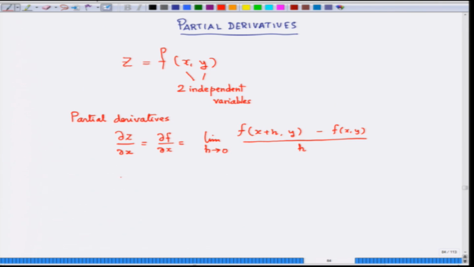Similarly, you can talk about a partial derivative with respect to y, and of course, you can have a function of more variables and you can go on, but we are just going to concentrate on the simplest ideas. And then when you do this, you hold the variable x constant and make an increment only in the variable y.